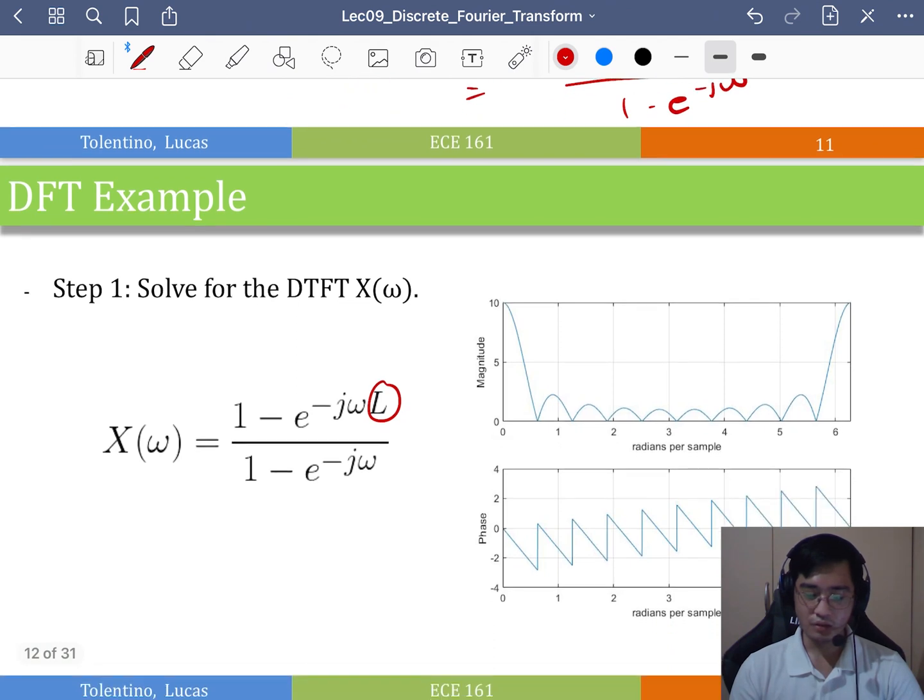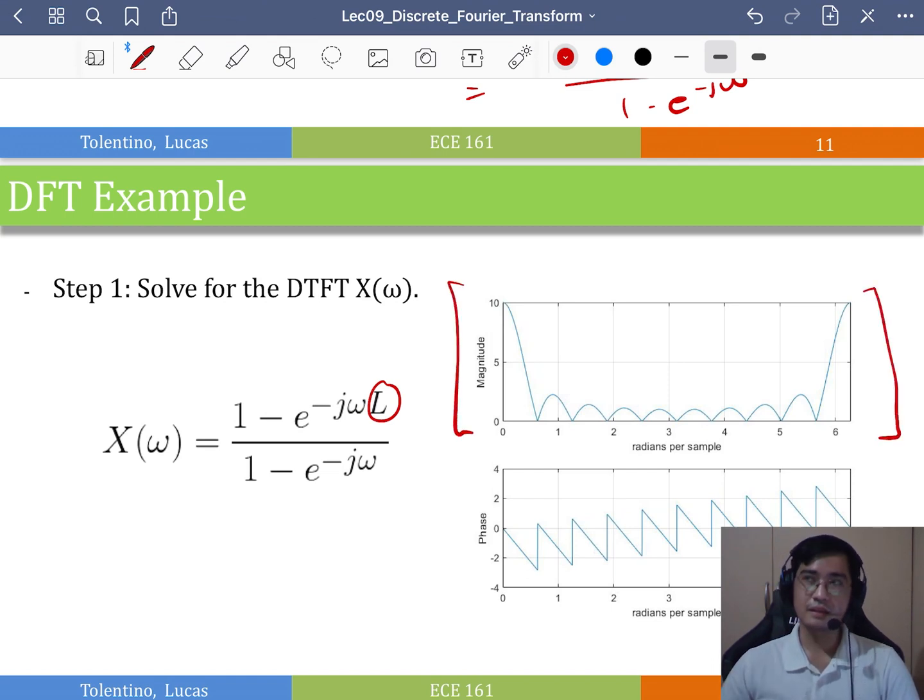If we plot that in the frequency domain, we have a continuous spectrum. This resembles a sinc function, right? Now from this spectrum, how many points should we obtain from this continuous spectrum? In this case, what is N?